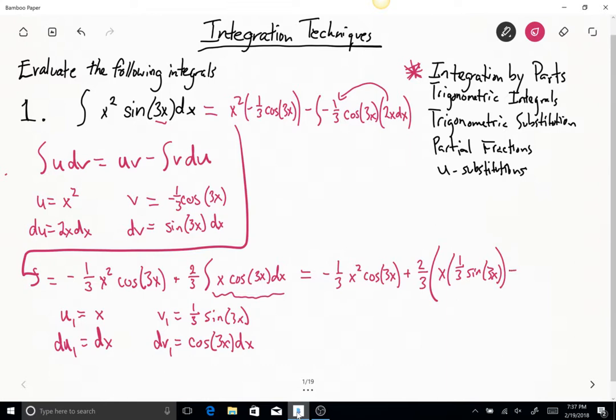Minus, and now we'll take v1 du1, so minus the integral of 1/3 sine of 3x, and then we have a dx sitting right there.